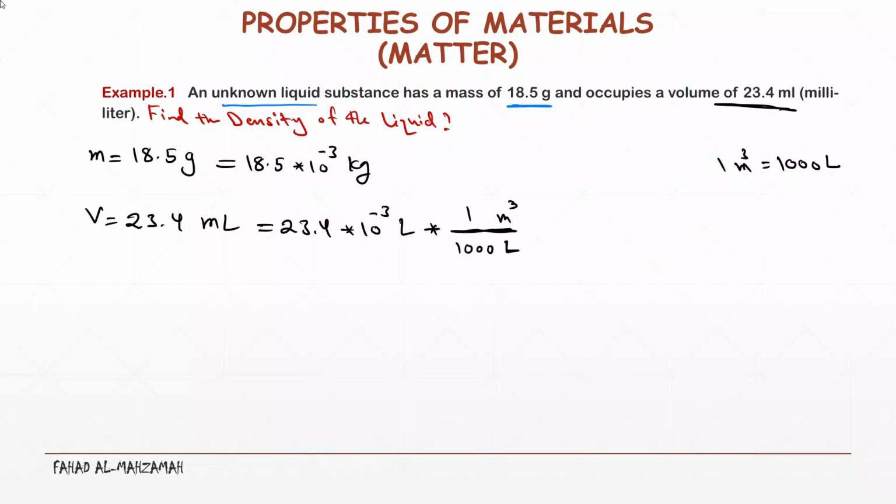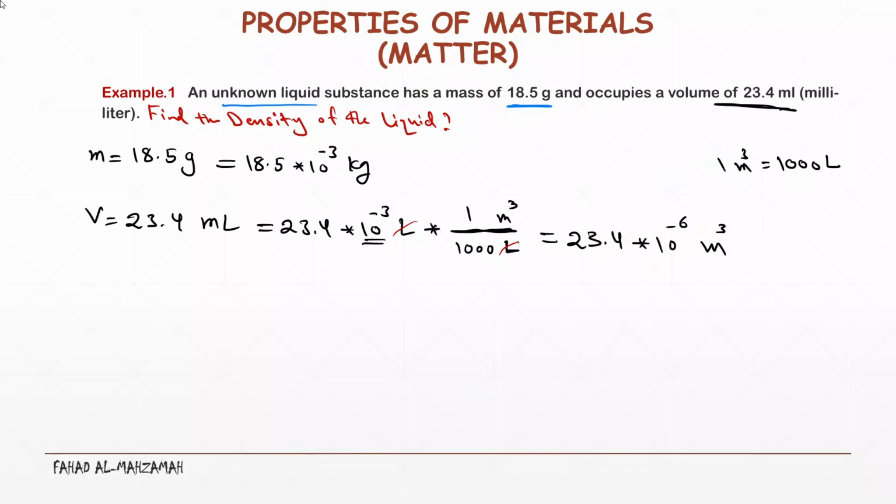Now we can cancel the liter with liter, and we have the answer as 23.4 times 10 to the power minus 6, because here it's a division by 1000 and here it's a division by 1000, which is 6 zeros, and the unit is cubic meter.